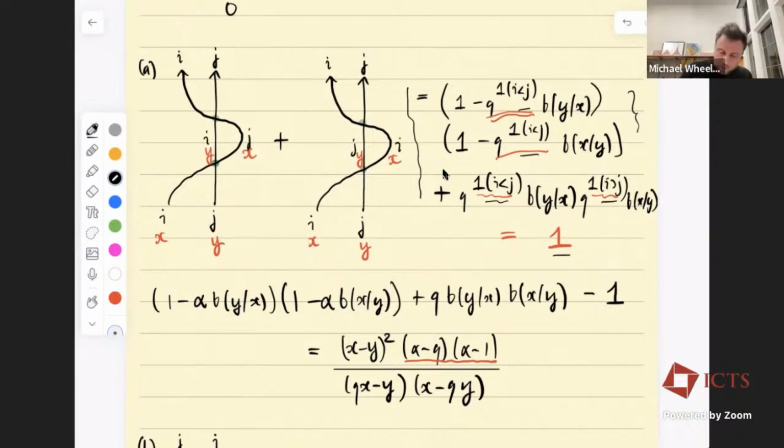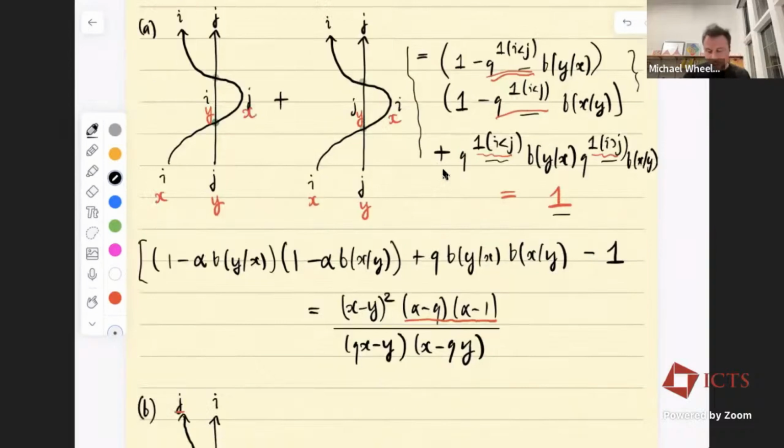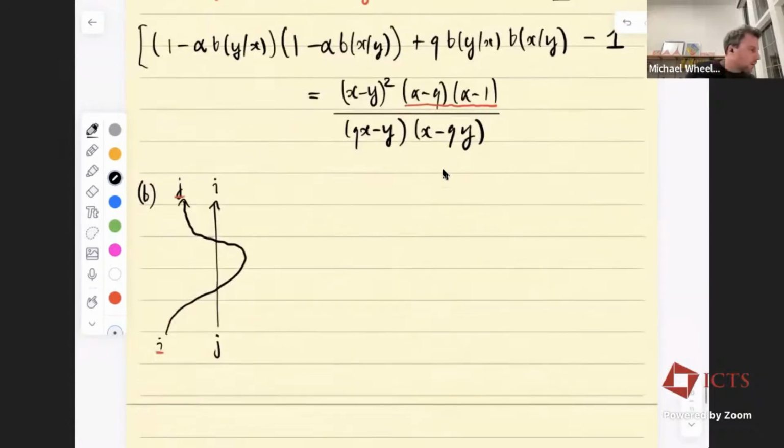And rather than check both of them manually, I just came up with this identity here that checks both of them in one go. Wow. Okay. All right. It's just some trick. Yeah. Okay. So we'll see something similar actually for this case we're looking at here.